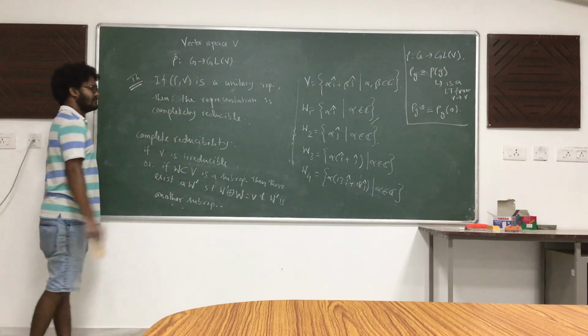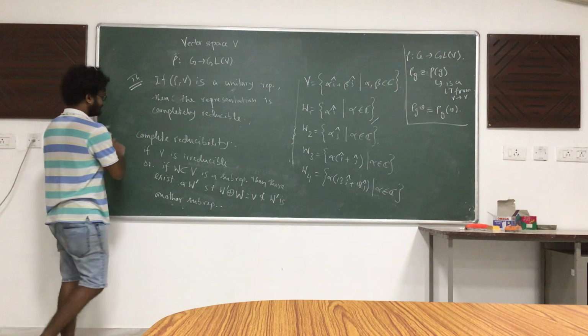If V is not irreducible, then let us say we find a sub-representation.